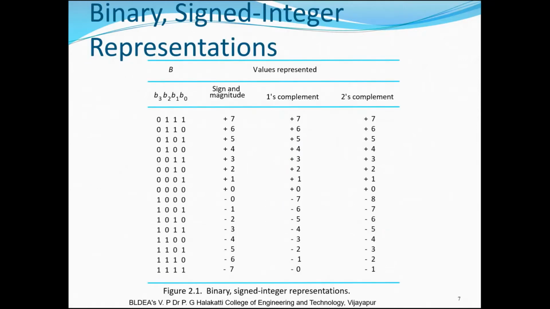So this is the binary signed integer representation, wherein sign and magnitude, ones complement, and twos complement, all three representations, I have tried to show here.